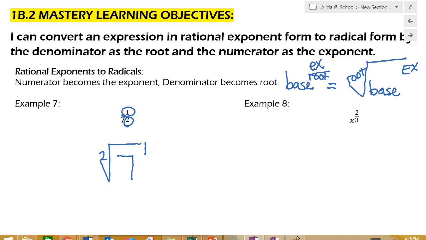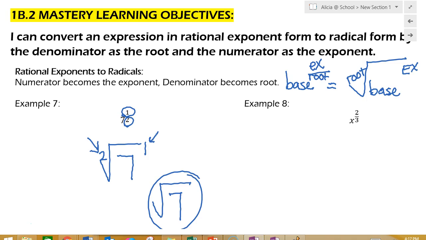Now, since square root is the most common radical, do we ever really see this 2 written? Not really. Same thing with this exponent over here as a 1. Do you ever really see anything with that exponent of a 1? Not really. So the answer that you should have is just the square root of 7. Just like that, you don't need that exponent of a 1 or the root of a 2.